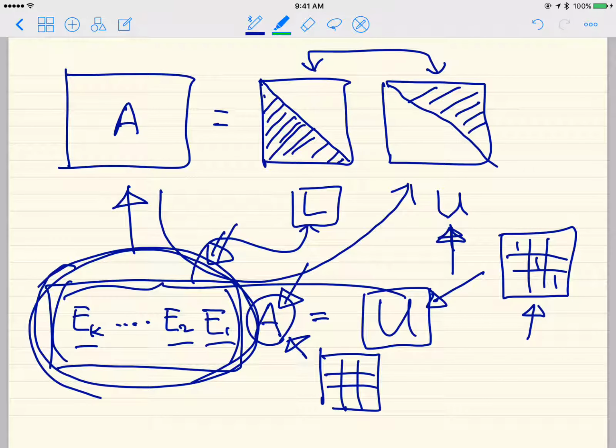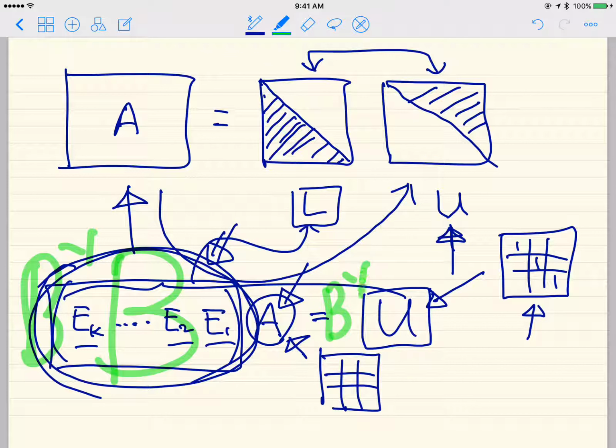So if we call this guy maybe B, and if B has an inverse, then by multiplying B inverse on the left, we will obtain A here, and B inverse will become our lower triangular matrix L. Okay.